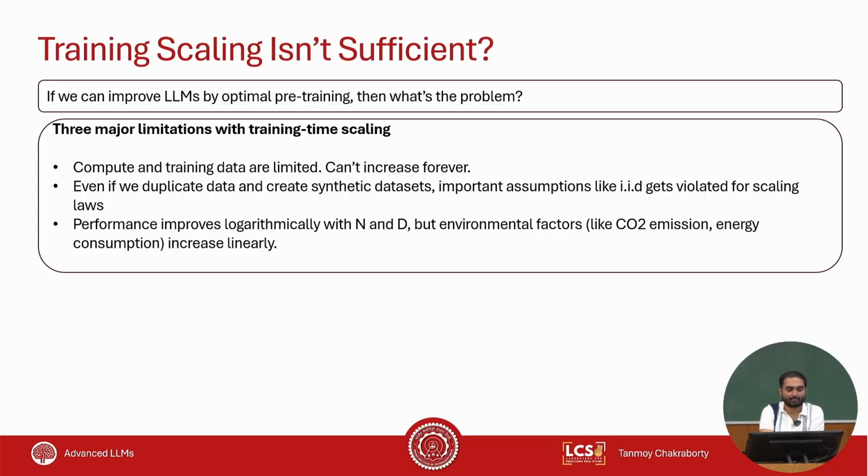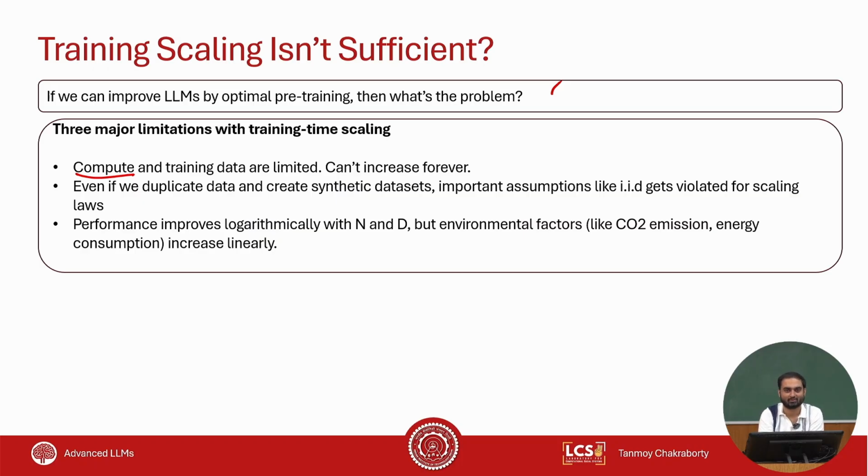Now, if we try to improve LLMs by optimally pre-training the models, what are the problems? The first problem is that, as I mentioned, compute and training data are always limited. After all, you can only scrape the entire internet; you can't go beyond that.